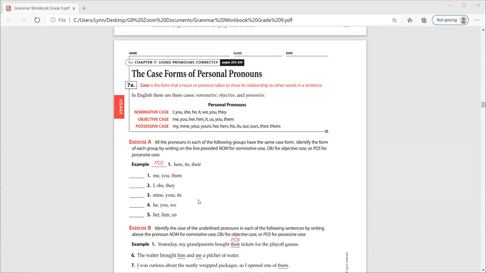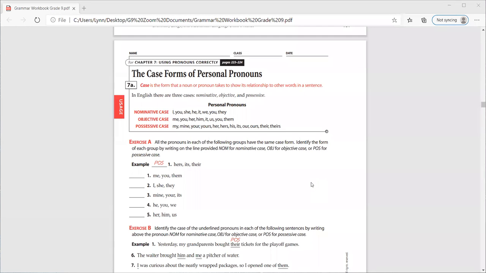Okay, so this morning we're going to start with grammar, chapter 7, and we'll start on page 138 in your workbook. I want to read the rules first, and then we'll go back a page or two. Okay, page 138.